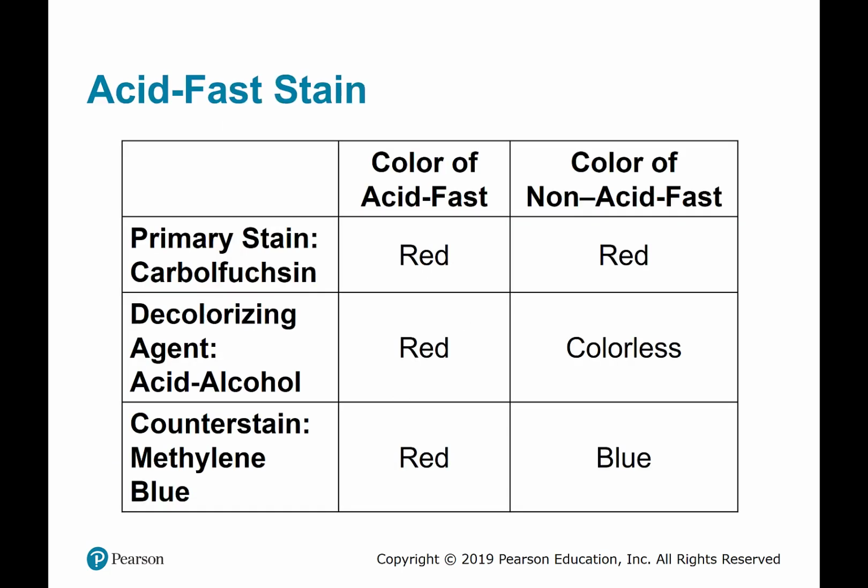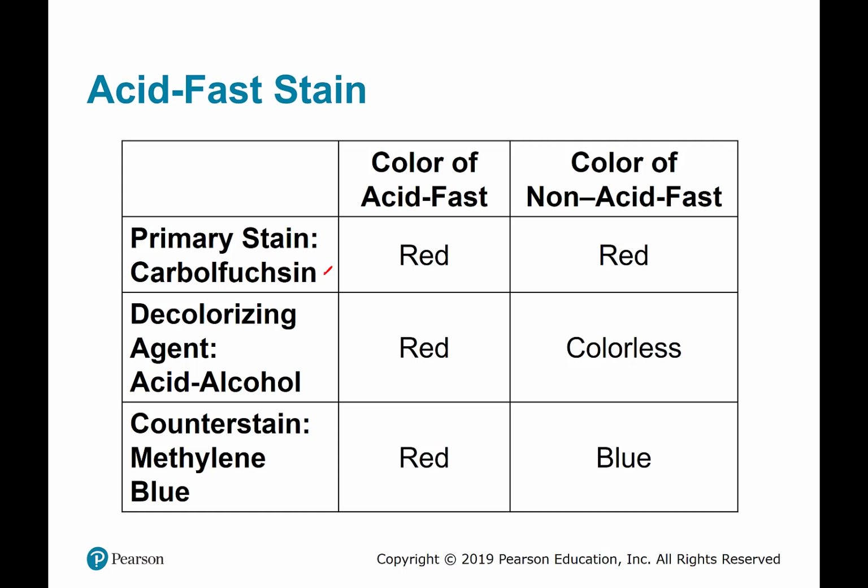Okay, so let's look at the steps. So you have your primary stain, which is carbofuchsin, and it has a high affinity for that mycolic acid. You have to additionally use heat or steam to drive that stain into the cell wall, and those cells are going to appear red. So all organisms after the primary stain will appear red.